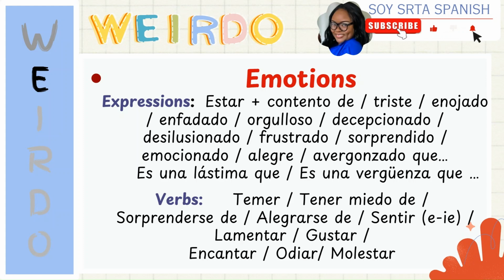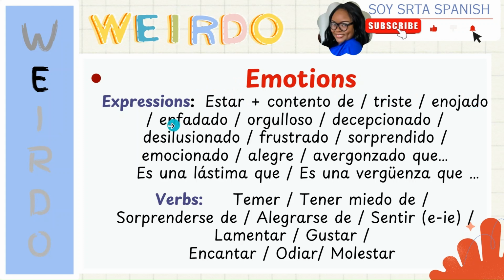Now, I have placed here on the screen many emotions that we need to identify and use if we are ever going to be forming a subjunctive sentence where an emotion is involved. So let's recap some of these words. Of course, the major verb that we use when we're telling emotions is estar, to be happy, sad, angry or mad.